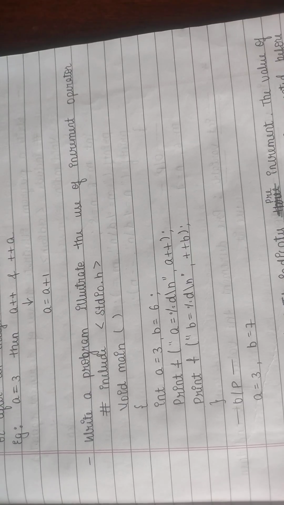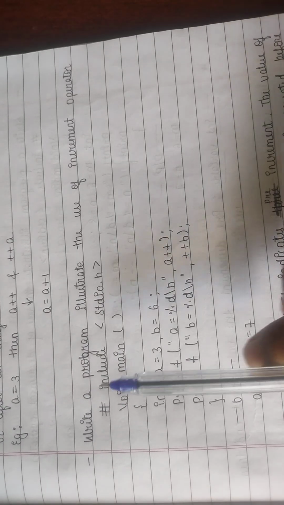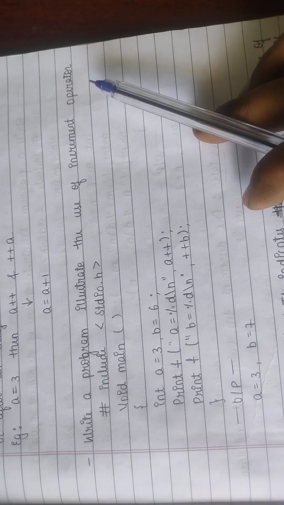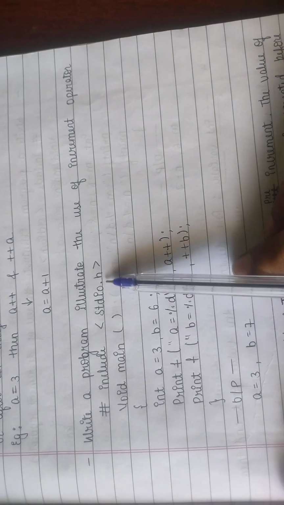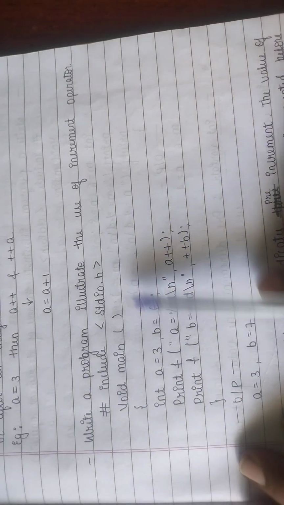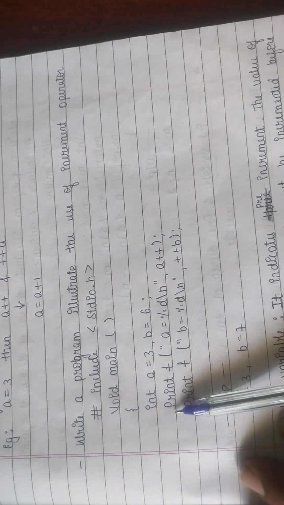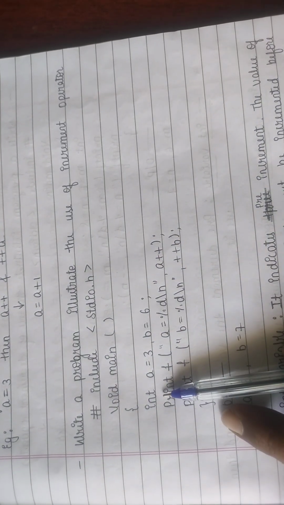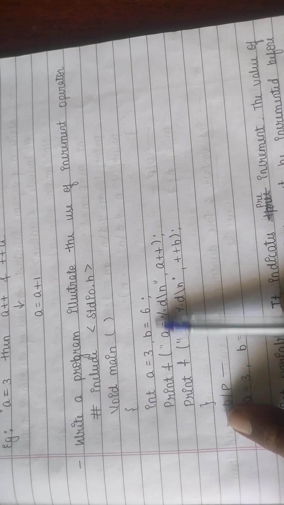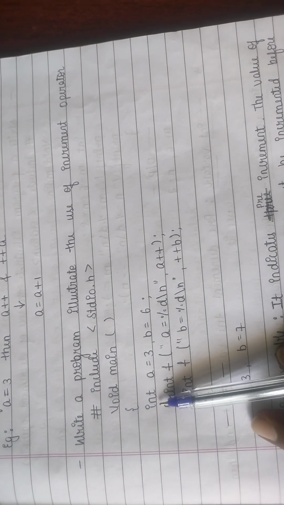Now have a look at a small example program: write a program to illustrate the use of the increment operator. Hash include stdio.h, the preprocessor directive, open the main function. In the declaration part, I am declaring two variables, a is 3 and b is 6, of integer data type.